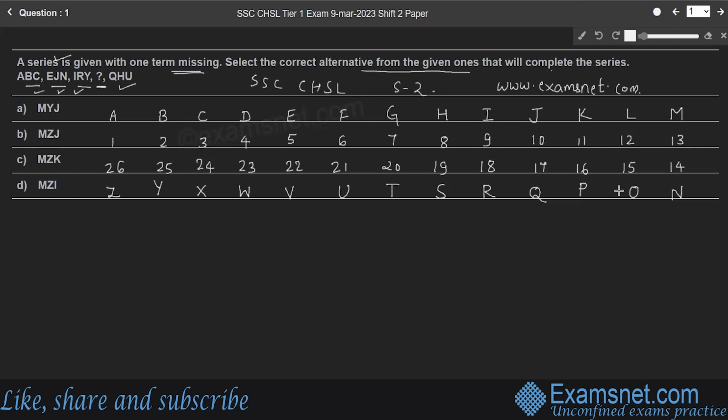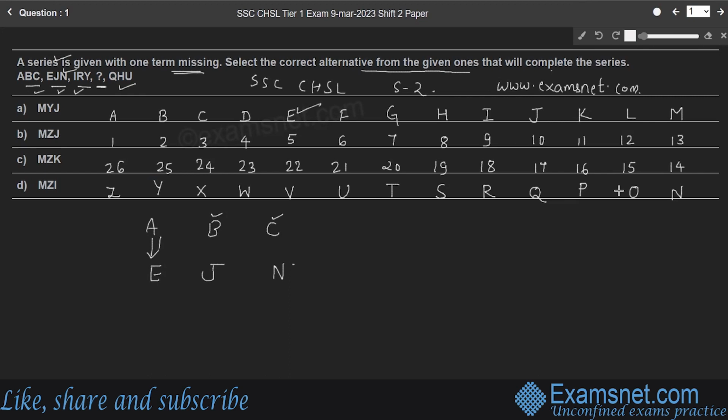So consider the first cluster A, B, C, right? So the first letter is A, second one is B, third one is C. Whereas the second cluster has first letter E, second one J, third one N. We can relate the first letters in each cluster: the positional value of A is 1, of E is 5.